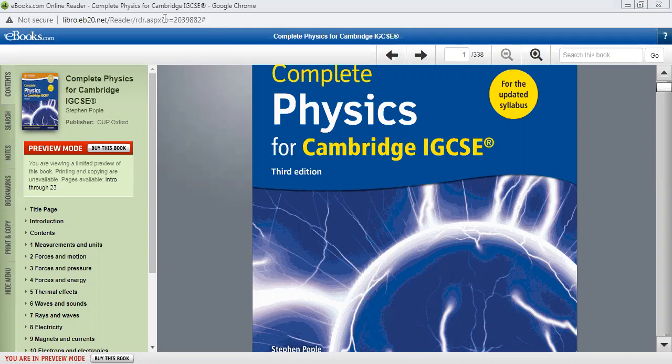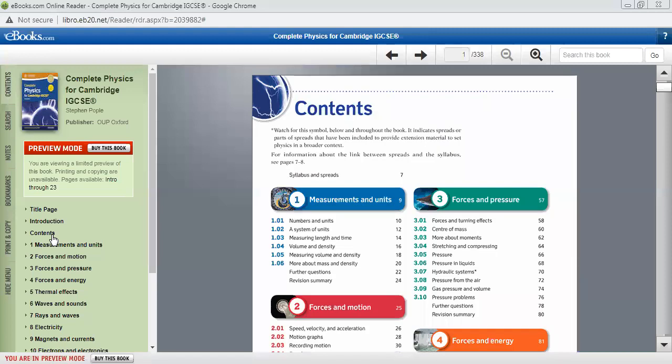Now, regarding the topics that we're going to study, let's see the contents. The book contains about 14 or 16 units. Don't worry, we will not study them all because it's too much to finish in one year.